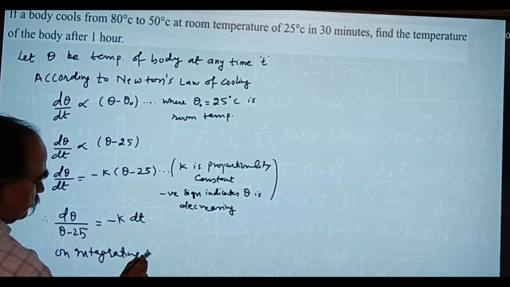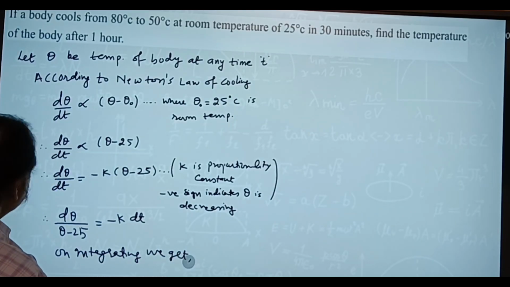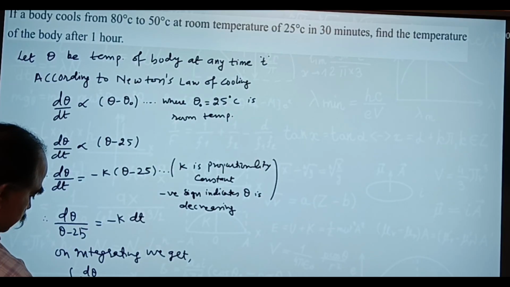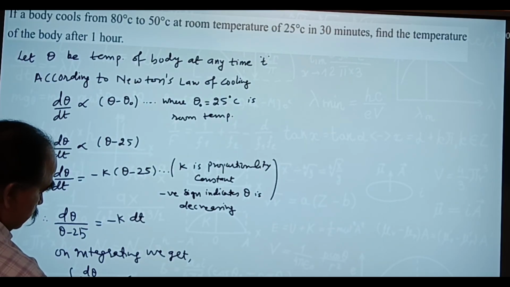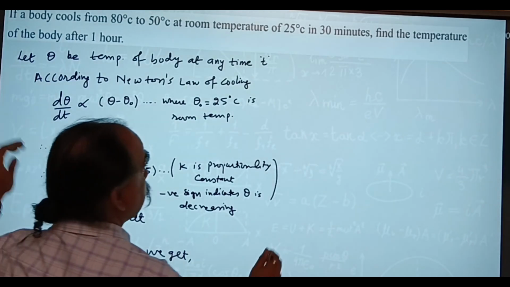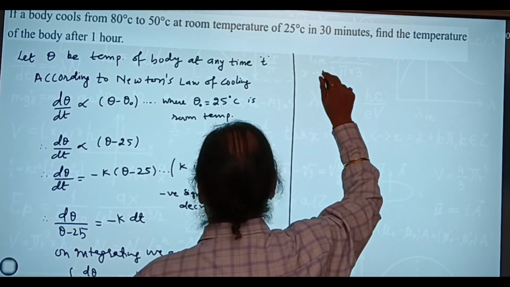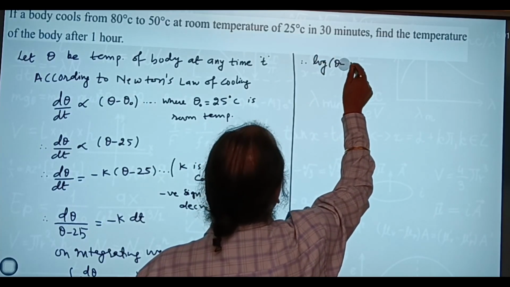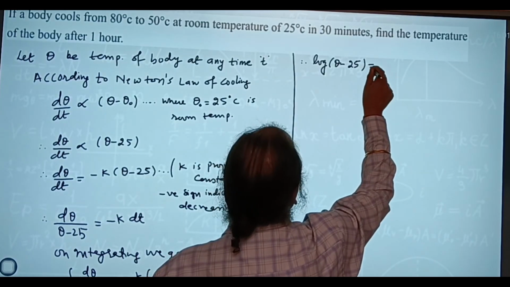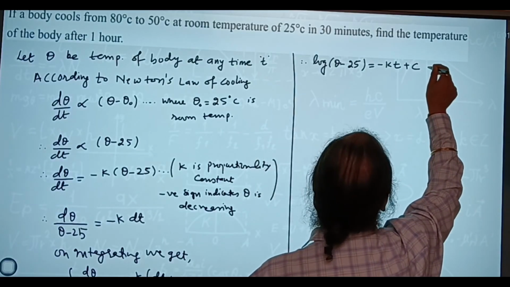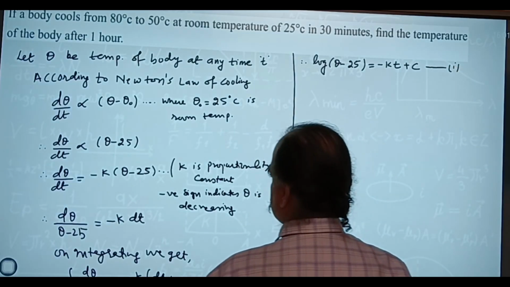On integrating, we get log (theta minus 25) is equal to minus kt plus c. Equation 1.